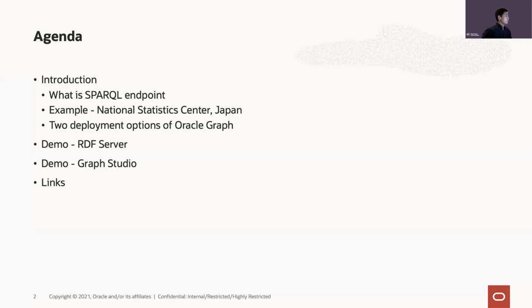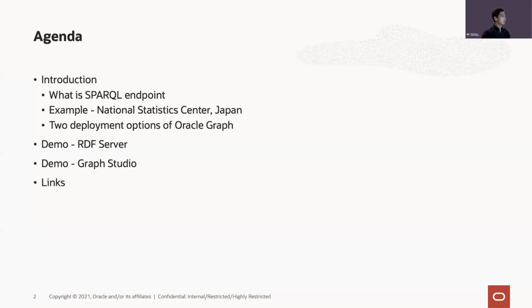Agenda in this session. First of all, I will introduce what is a SPARQL endpoint, and also an active SPARQL endpoint as an example. National Statistics Center of Japan is running their own SPARQL endpoint.